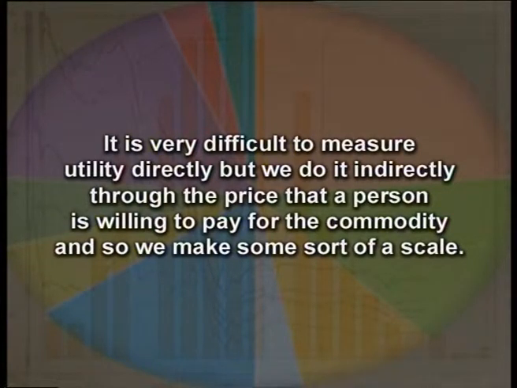So we make a sort of scale where we assume that if it is a very cheap commodity, each 5 paise that he is willing to pay in addition is equal to 1 util of satisfaction. Or if it is a very costly item like a refrigerator, we might say for each 100 rupees that he is willing to pay more for the commodity, he is getting 1 util of satisfaction.